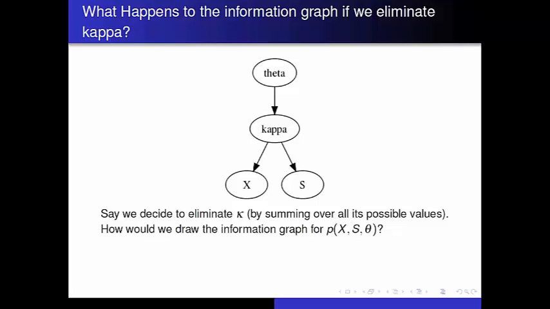Well, how do we think about that question? What are the questions we have to ask ourselves to begin cracking that question? I mean, the bottom line is, what variables are going to be in the resulting information graph?